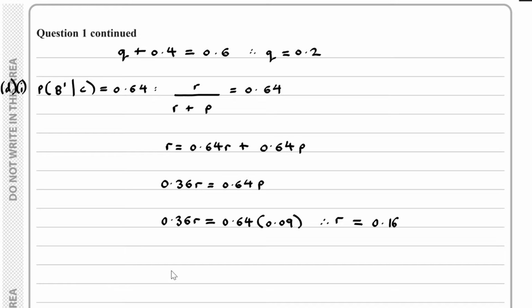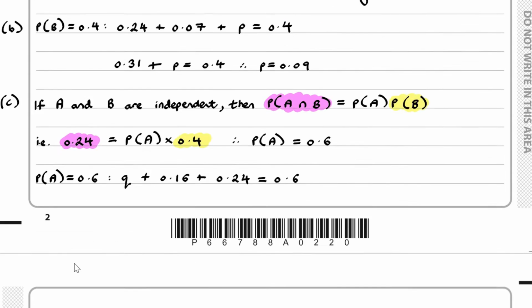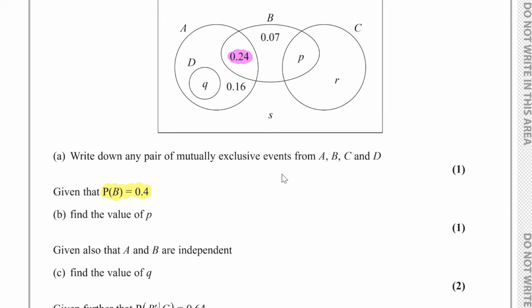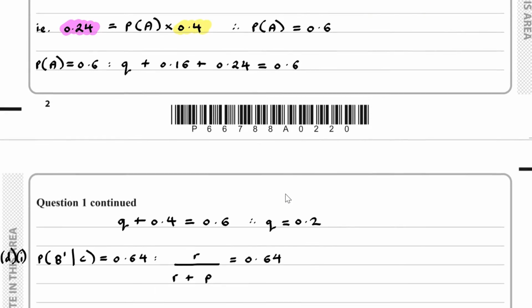And now to work out the value of S, we should recognize that the sum of probabilities is equal to 1. So each of these values added together must equal 1.